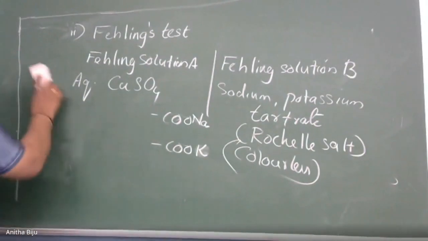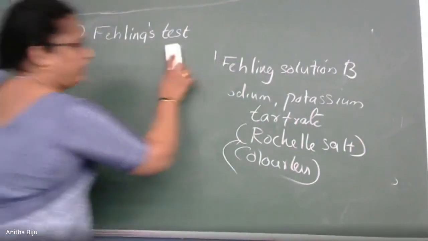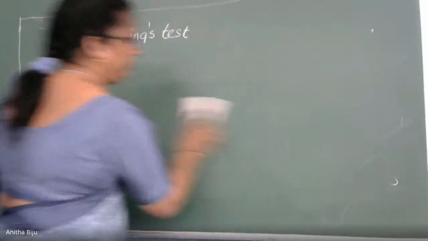Now, how to perform the test? Take 1 ml each of Fehling solution A and Fehling solution B. Got it? Then mix it properly.